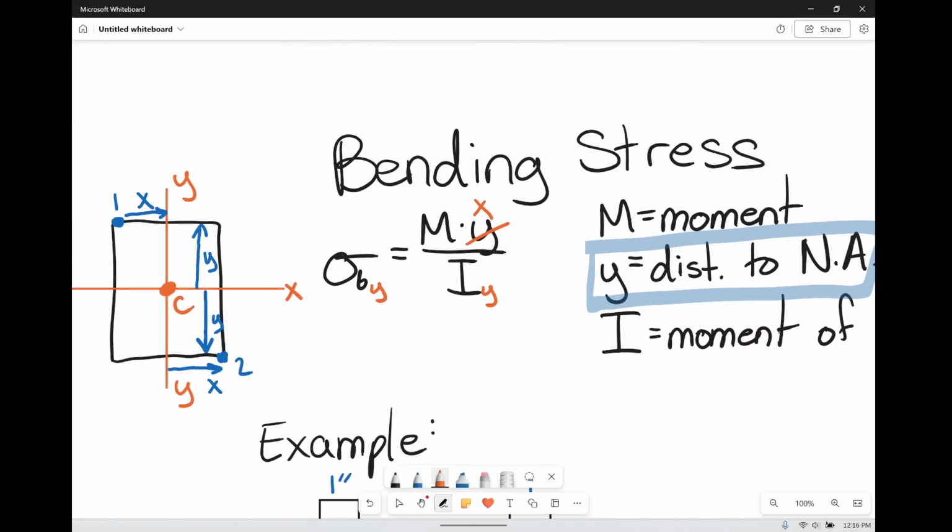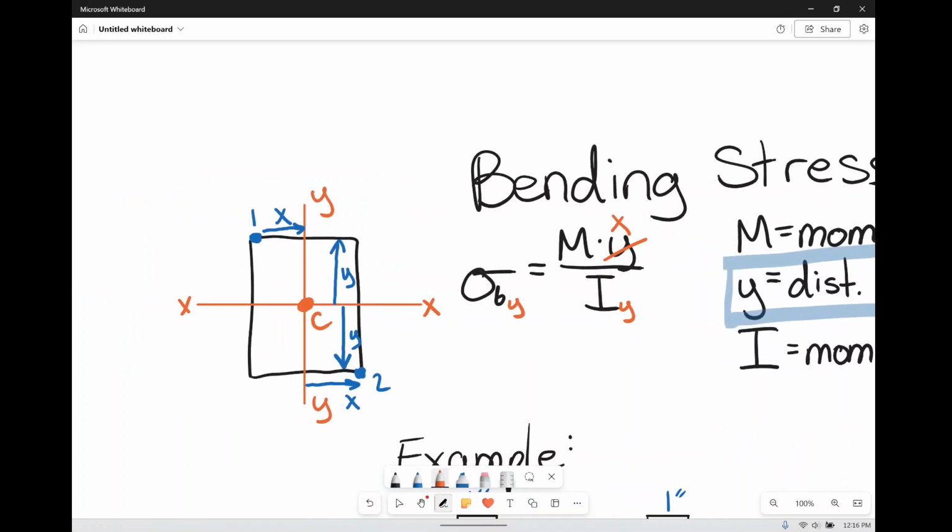And why is it called the neutral axis? The neutral axis is the point where there's 0 bending stress, which should make sense, right? If you're at the point, say right here, on the end, I guess we'll call that point A. If you're at point A on the neutral axis, and we are looking at doing neutral axis bending about the x-axis, so if we're doing bending about the x, and we're on the neutral axis, then our value for y is 0.